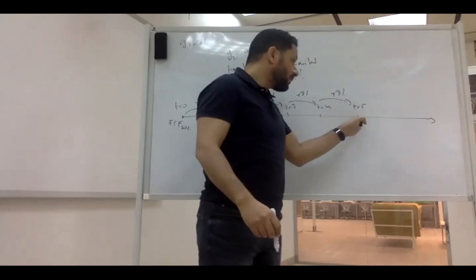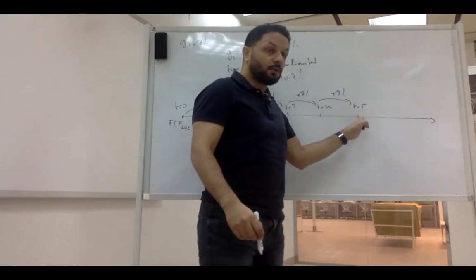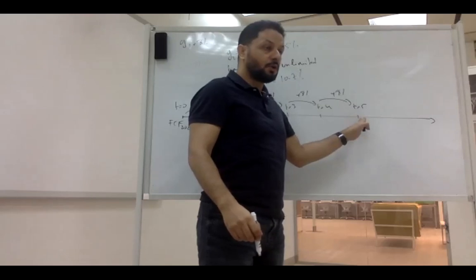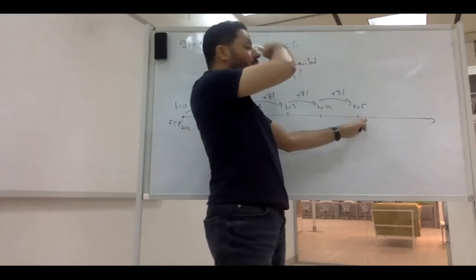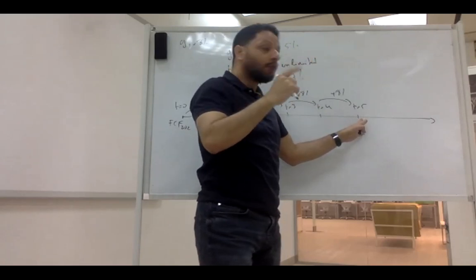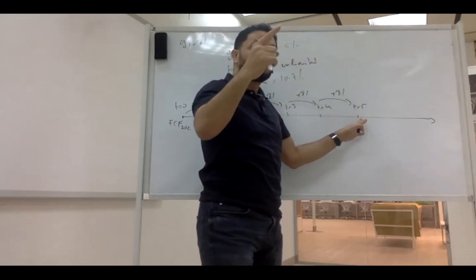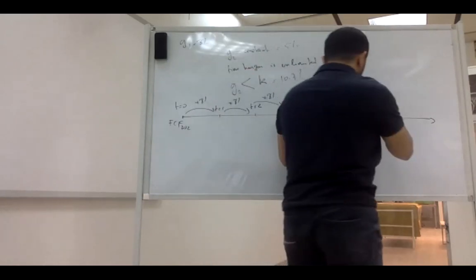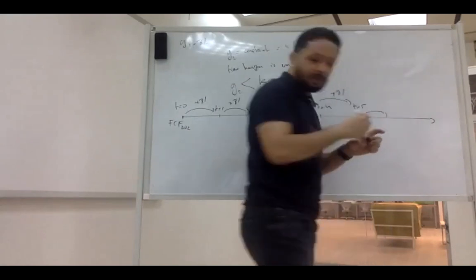Then, once we have reached the year 5, what happened? The growth rate will go down from 8% to 5%. And this 5% will continue indefinitely, until the end of time. So this is the second phase.